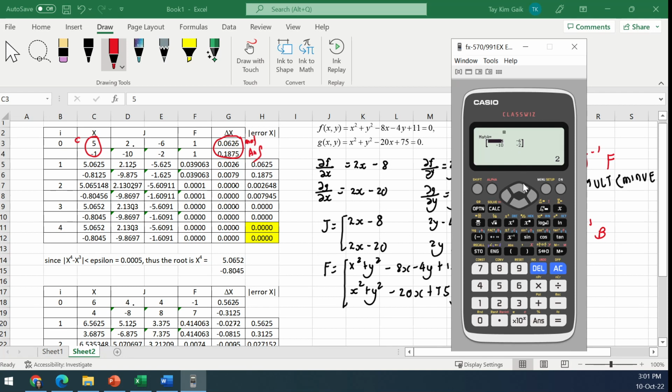Otherwise, this value is 2 times x. Then x is here, 2 times 5.0625. Sorry, wrong. This value 2x minus 8. 2 times x is now 5.0625, then minus 8. So you get 2.125.